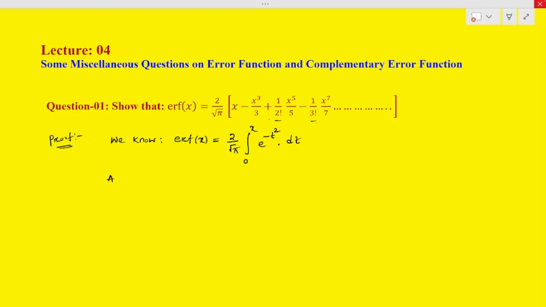Also we know the Taylor series of e to the power x about x equal 0, or the so-called expansion of e to the power x about x equal 0, is nothing but 1 plus x by 1 factorial plus x to the power 2 by 2 factorial plus x to the power 3 by 3 factorial plus so on.